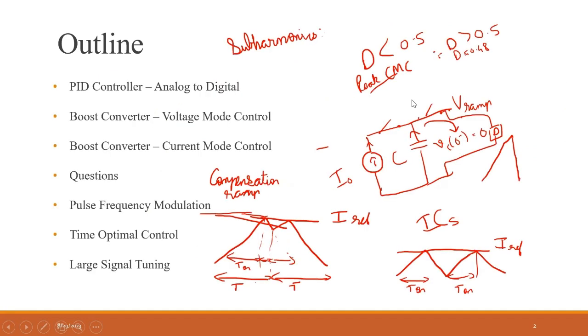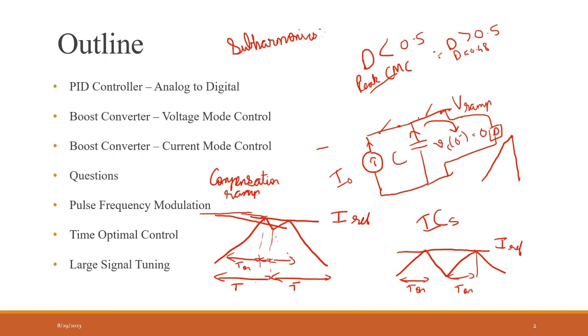So today, we learned about the various control techniques: digital control, current mode control, voltage mode control, etc. We also saw certain simulations. In those we have a KP, KI, KD, a PID controller. Now, how do we decide the values of the PID controller?